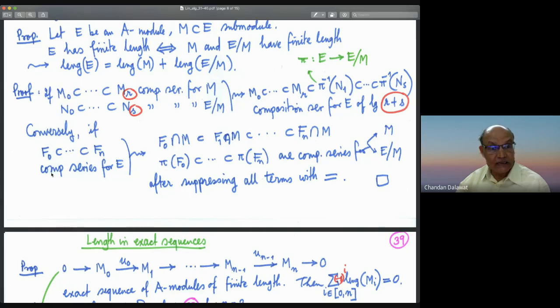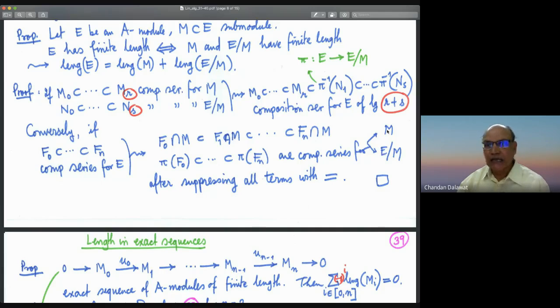So when I take the images of these modules, pi of F0 is of course 0, pi of Fn is of course the whole of E modulo M, and then there are these intermediate things, they're all submodules of E modulo M. But again, the inclusions here need not be strict. They might be equalities. So if I suppress all these terms in which equality occurs, then I get a composition series for E modulo M.